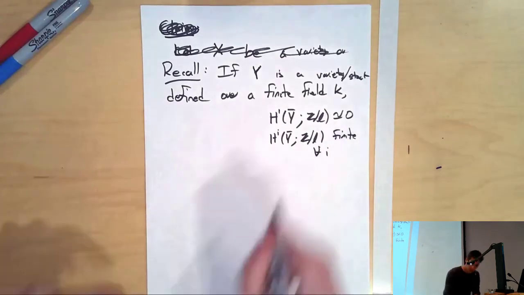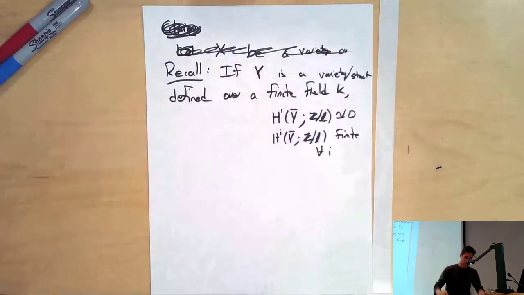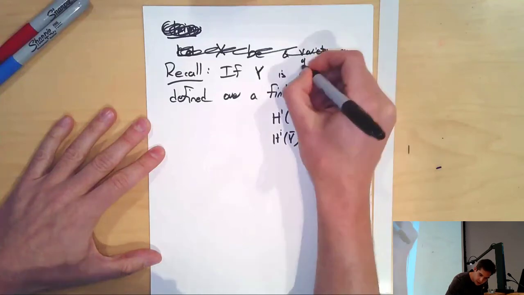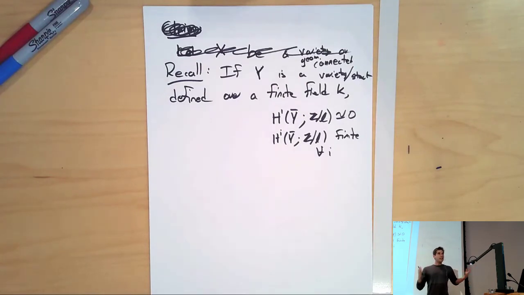And I should probably say that H0 also vanishes. So Y is, I said it was a variety, well, I'll emphasize it by saying it's geometrically connected. So under these assumptions, in the previous lecture, I talked about assigning to Y bar what's called its L-adic homotopy type, and in particular, its L-adic homotopy groups.